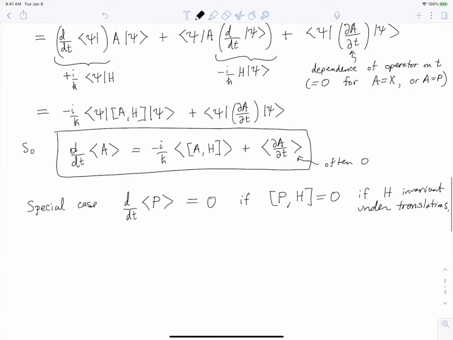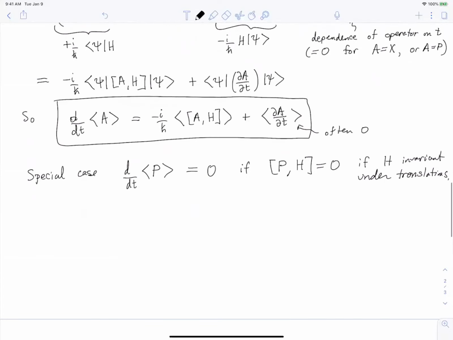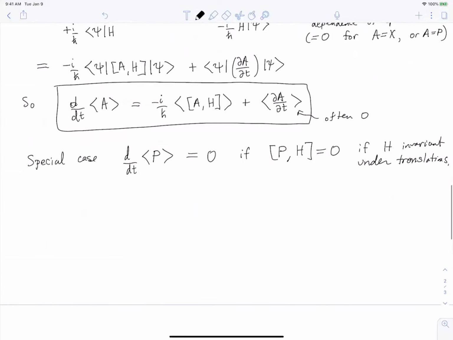All right, so let's bump it up a notch and just do things a little bit more generally than what we've just done. Instead of considering translations as special, let's consider a general continuous symmetry. And basically, everything I've said about translations is going to work out exactly the same way for a general continuous symmetry.